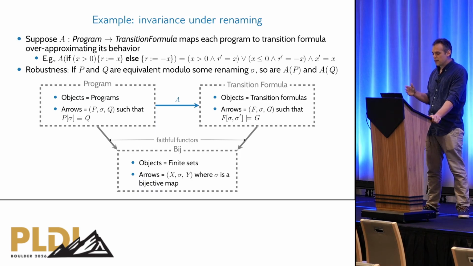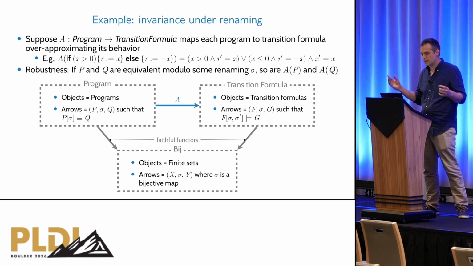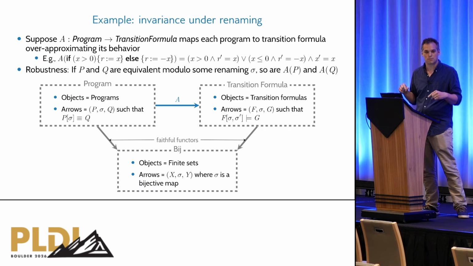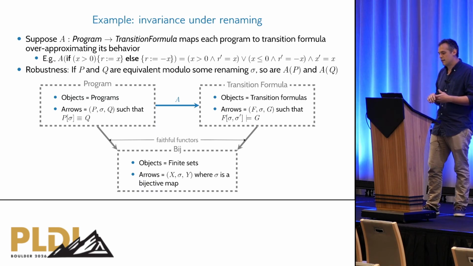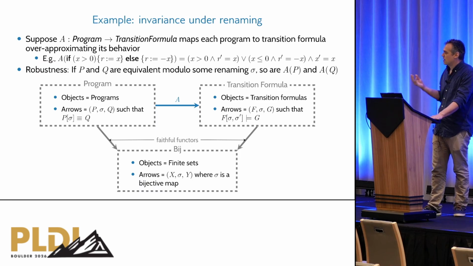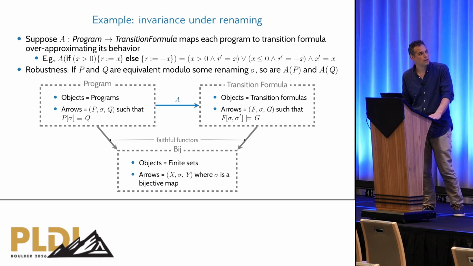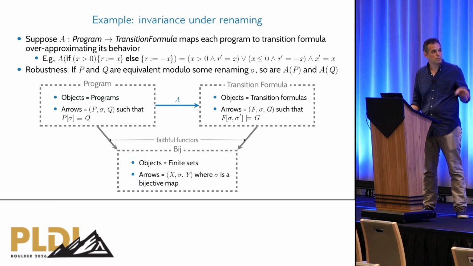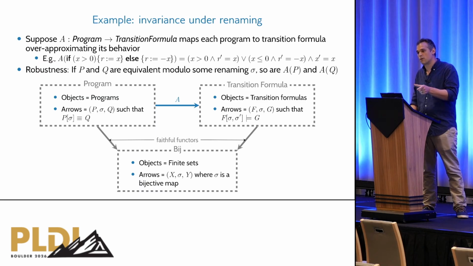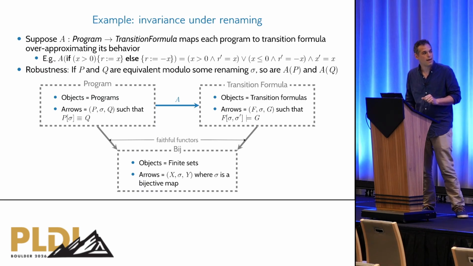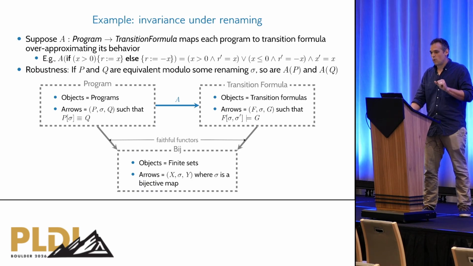So intuitively, for each of these arrows, we're going to forget about programs and transition formulas and project onto just the underlying substitution. And then the statement that A is invariant under renaming is exactly the statement that this diagram commutes. So for every arrow between two programs, there's a corresponding arrow between transition formulas. And moreover, they correspond to exactly the same variable renaming.